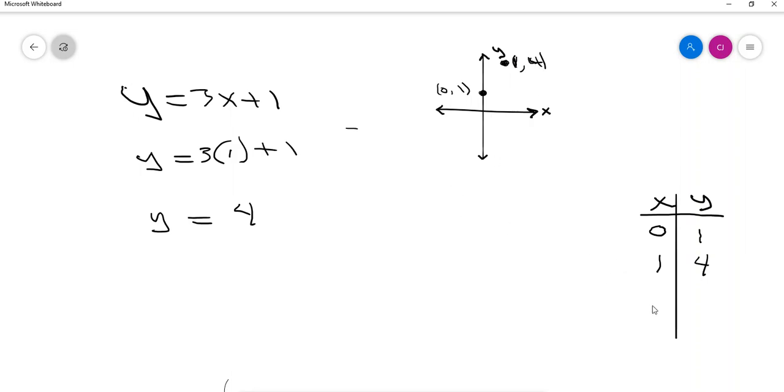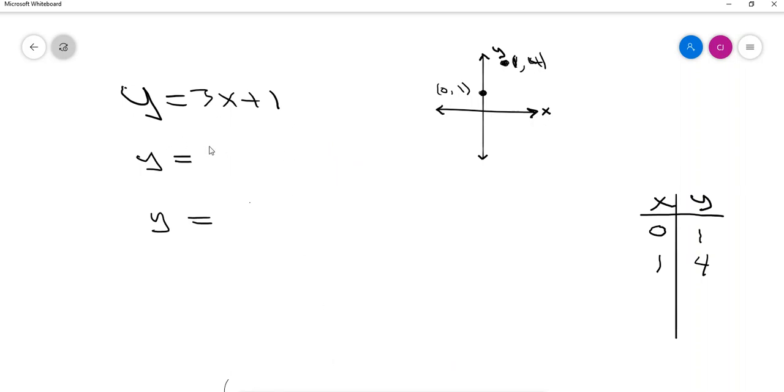Let's do one more. Let's do -1 in for x. All right.